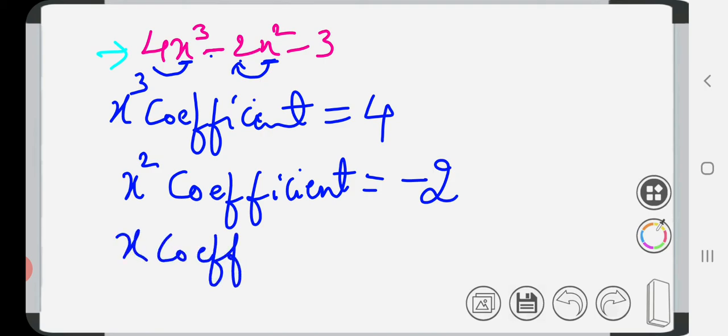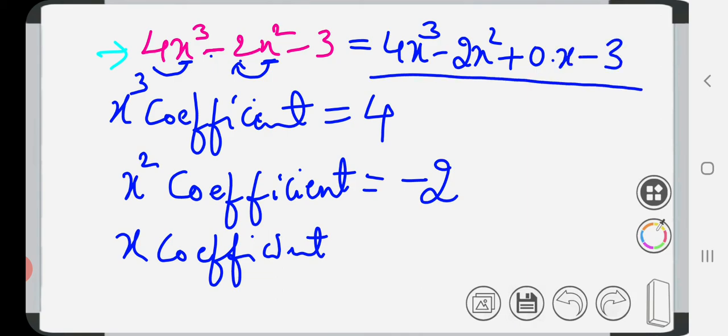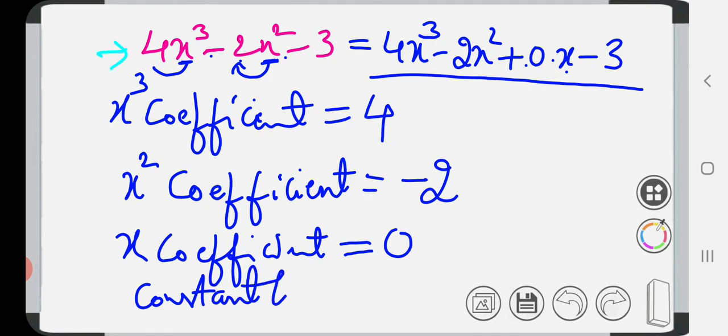Here the x term is not there. While writing this, we have to write 4x cube minus 2x square, x is not there, so 0 into x, minus 3. Then the x coefficient becomes 0, since the x term is not there. And the constant term, the last term, is equal to minus 3. Like this we can write the coefficients.